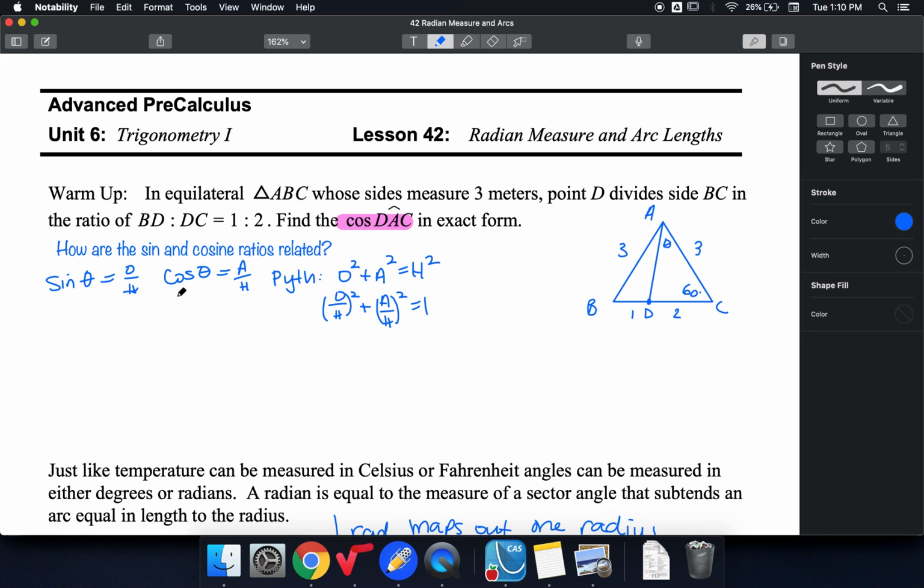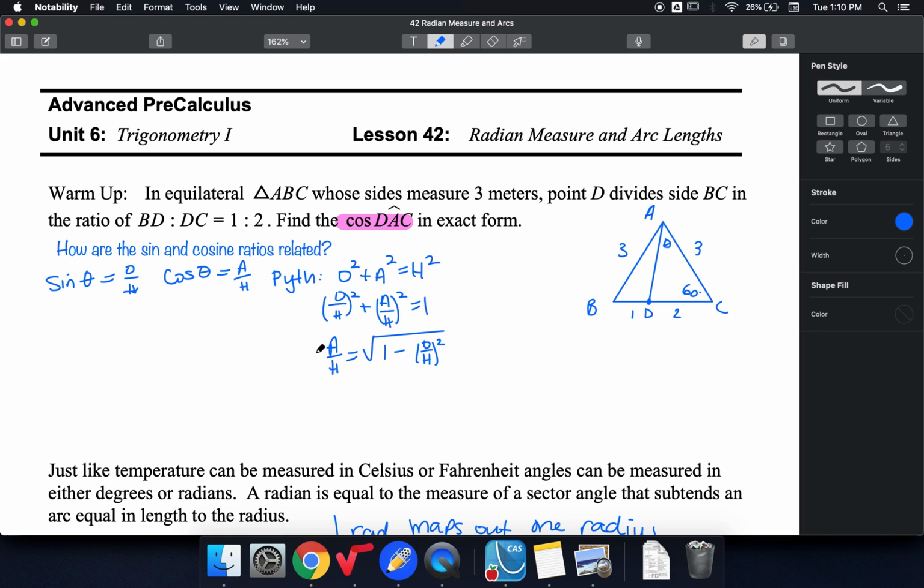So I can say that cosine of theta is equal to a over h. Think about relating a sine ratio to a cosine ratio. So I know cosine of theta would be equal to this.